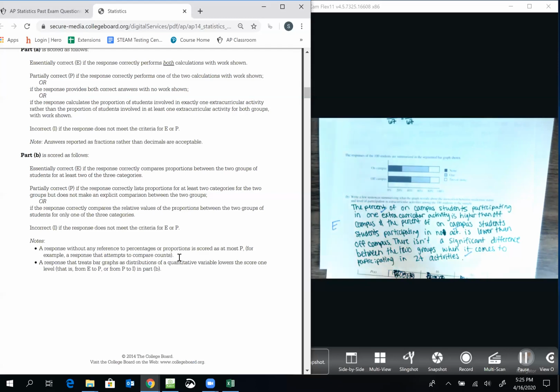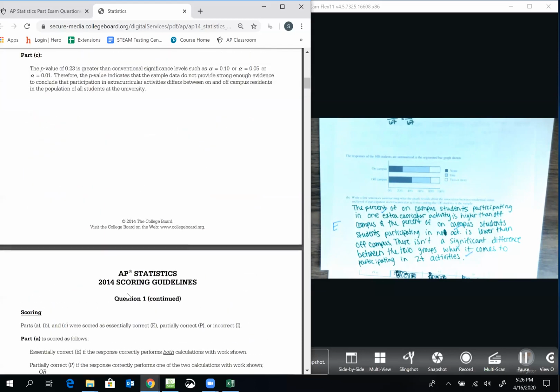Oh, you actually only needed 2 of the 3 categories. So I had all 3, but you actually only had to have 2 to get credit, to get essentially correct. If you only compared one of them, that was partially correct. Okay, I think that pretty much covers it.